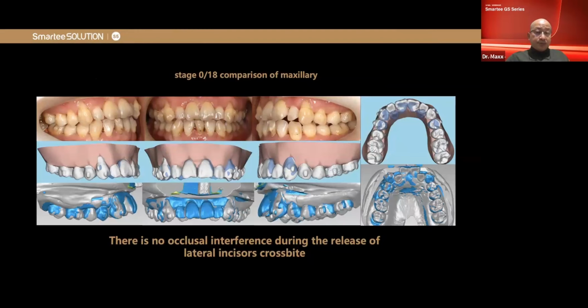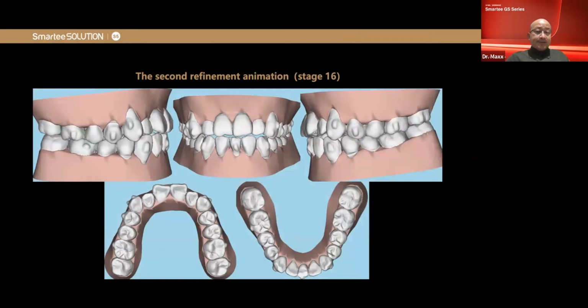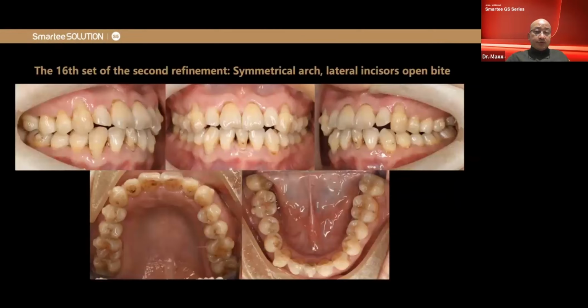So could you imagine it? And the second refinement, of course, is quite simple now, with no interference. This is the 16th set of the second refinement. The lateral incisor went from deep crossbite to open bite. Why?